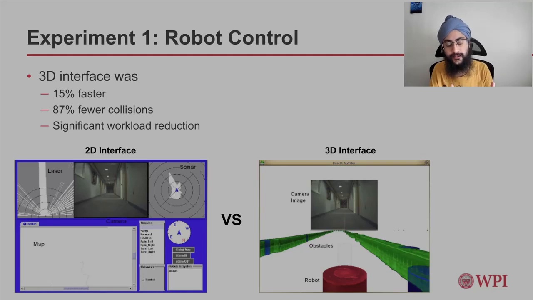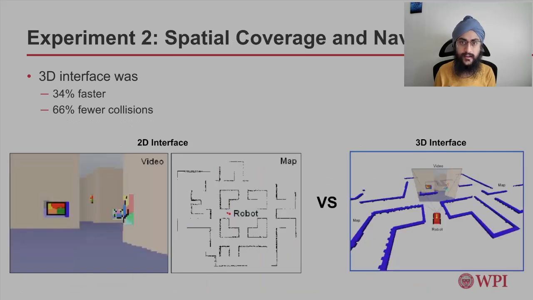They might get all the information sucked into the video feed, and they might not notice that, oh, the laser feed is showing that they're about to crash into a wall. They don't notice that, and they have a collision. The 3D interface does a lot better job of having all that information in one place and easier to access.